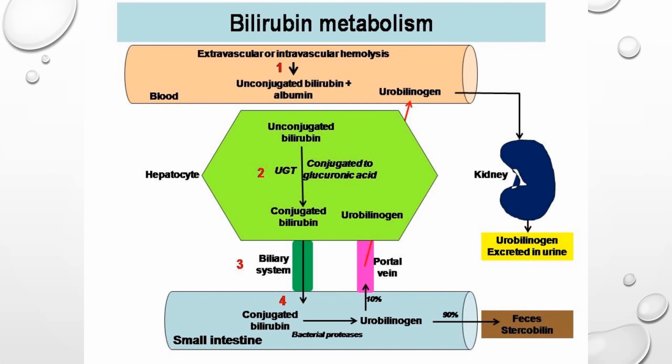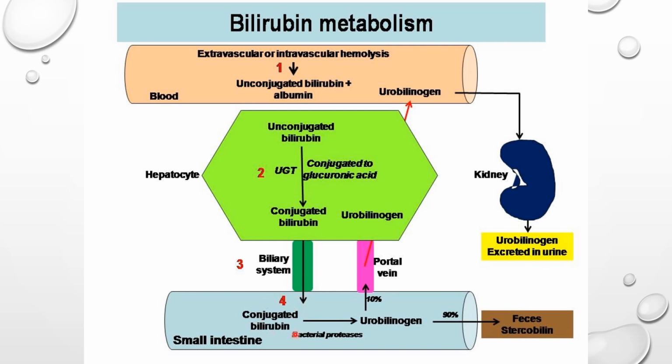This is another representation of the bilirubin metabolism. Here the hemolysis happens. Along with the albumin, the unconjugated bilirubin enters the liver. The green color is the liver, the hepatocyte. So the unconjugated bilirubin gets converted into conjugated bilirubin and gets into the biliary system through the bile duct into the small intestine.